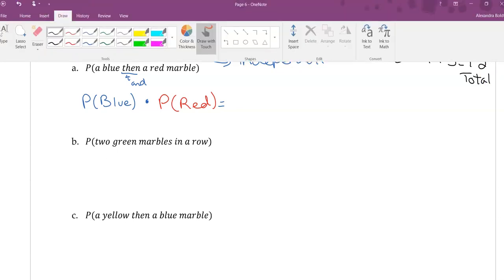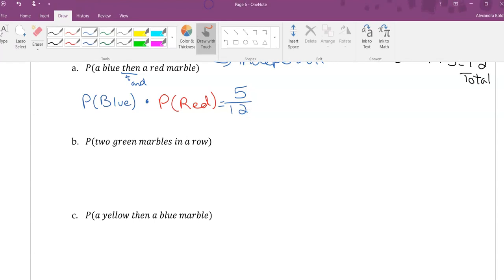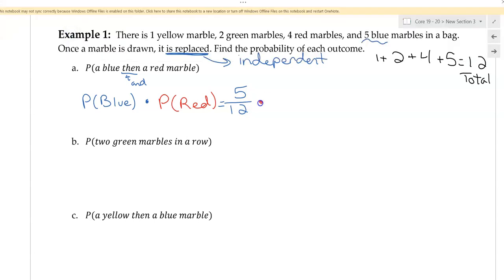So the probability of blue is there are 5 blue out of 12, times, and then there are 4 red out of 12. When I multiply these together, I get 5 out of 36.